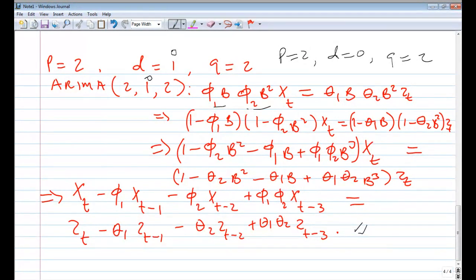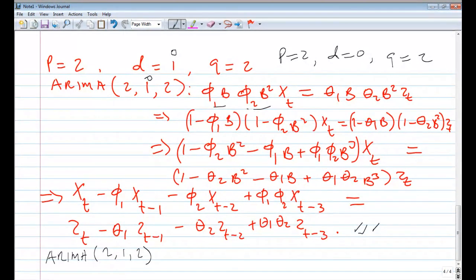You see that? But if D equal to 1, you have to introduce the differencing part, which we have forgotten here. It's not there, so you have to include it. You get what I'm saying? So in other words, this one is ARIMA 2,0,2.